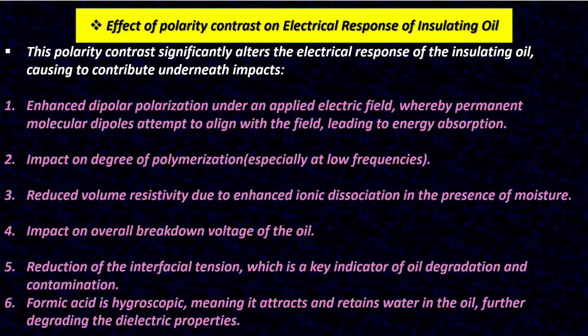Number 5, reduction of the interfacial tension, which is a key indicator of oil degradation and contamination. And last one, 6, formic acid is hygroscopic, meaning it attracts and retains water in the oil, further degrading the dielectric properties.